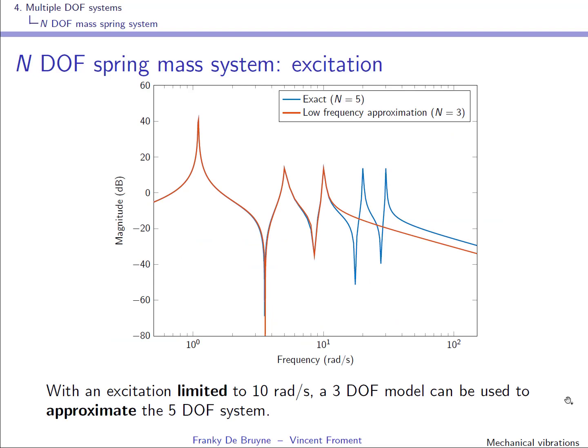So we have here a 5 degree of freedom spring mass system, and we count 5 natural frequencies. Remember, this system can be described by the following equation that you should know by now, equal to F. You know that you can rewrite this by considering an eigenvalue eigenvector problem of this matrix.